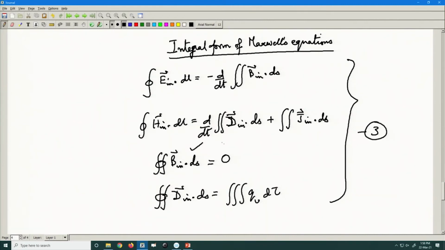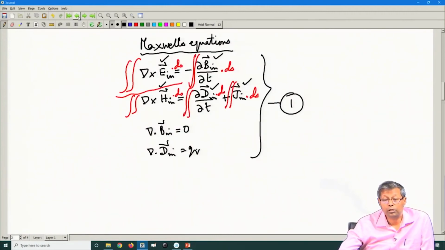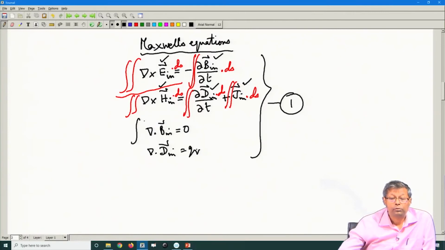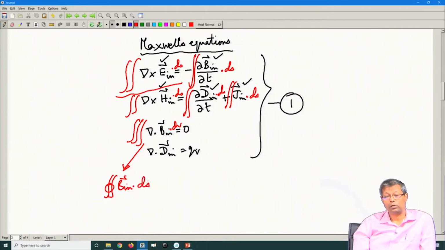So, how do we obtain this? By using divergence theorem. So, we perform the triple integral of this. We perform the triple integral over this, that is equal to 0, and then that becomes B dot ds.